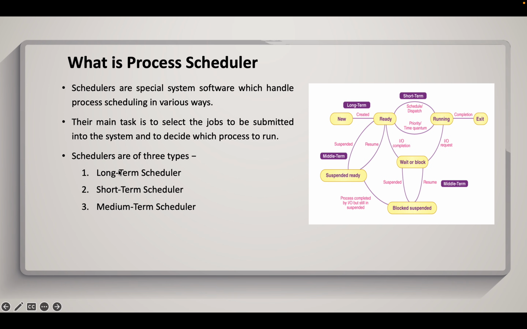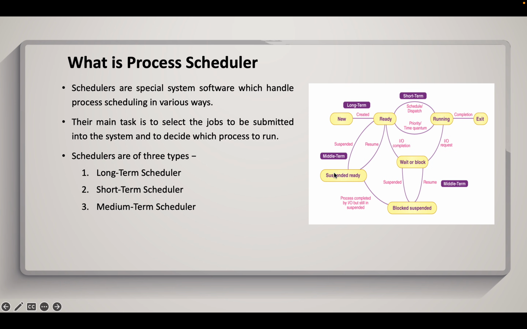The long-term scheduler moves the process from secondary storage to main memory, that is, from new to ready. The short-term scheduler moves the process from the ready queue to the CPU. The medium-term scheduler moves a process between states other than ready or running.